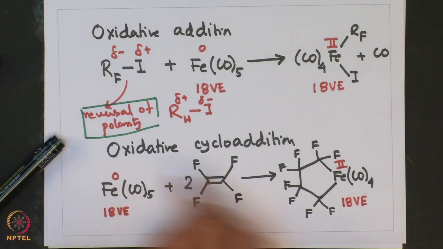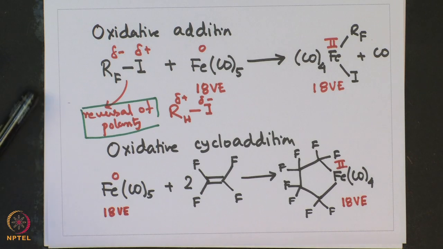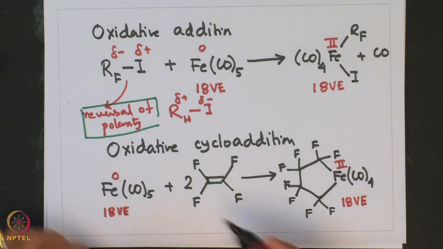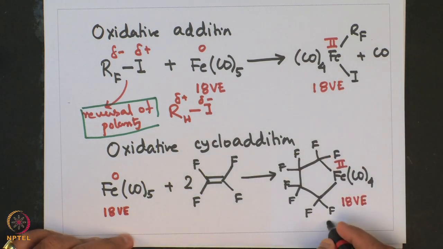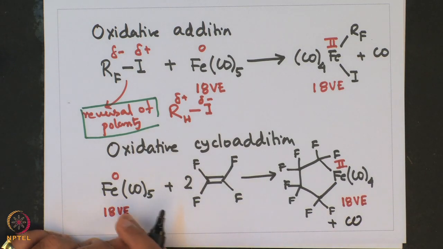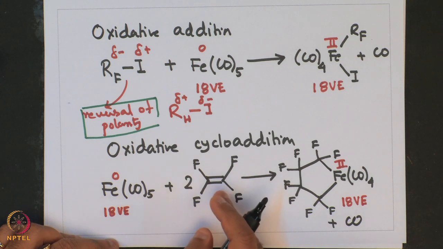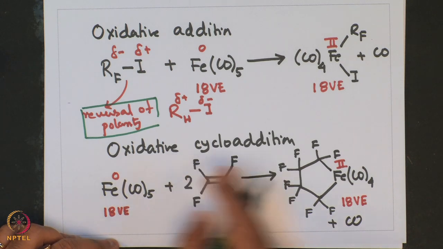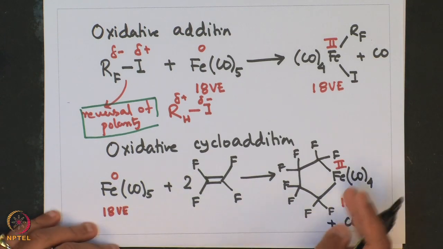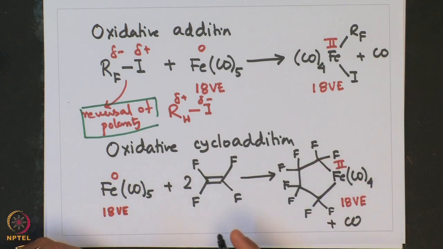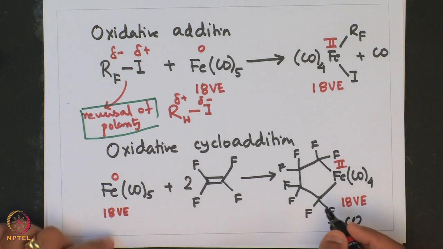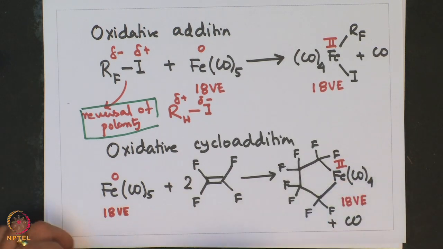Now, in the process of oxidative addition, the iron initially, like in the previous example, releases a CO to become coordinatively unsaturated, which then undergoes this oxidative cycloaddition with 2 molecules of C2F4, resulting in this perfluoroalkyl cycloalkyl iron compound as shown over here.